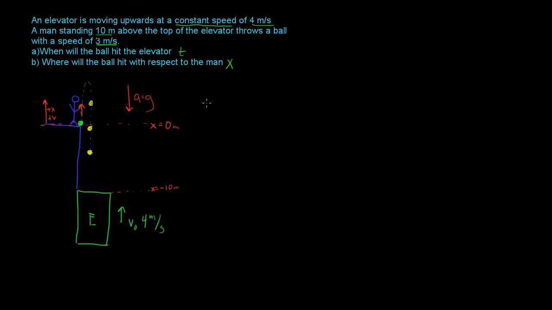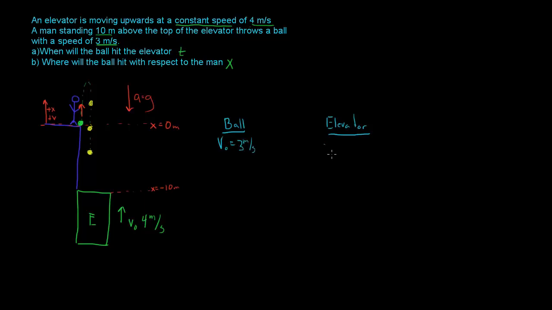If we write down everything that we know for both the ball and the elevator, we'll have an idea of how to solve this problem. With the ball, we have an initial velocity v0 of 3 meters per second.